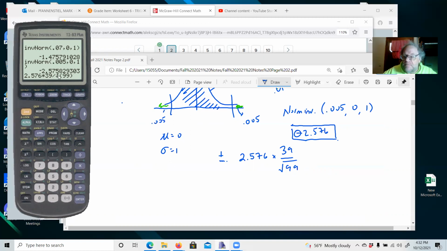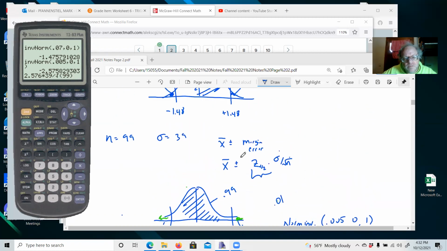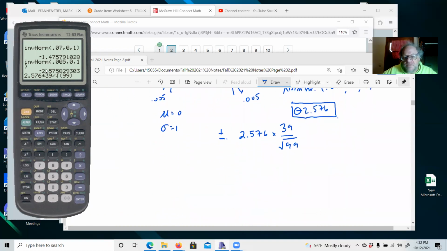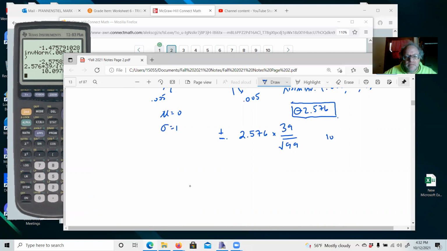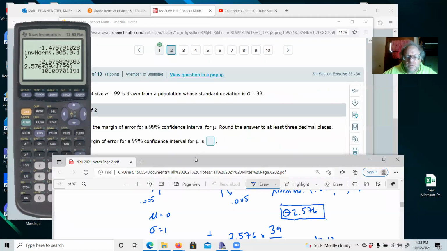So it's 2.576 times 39, is it 39? 39 divided by square root of 99. We end up with 10 point something. Should we just say 10.10? What do they want this as? Three decimal places.